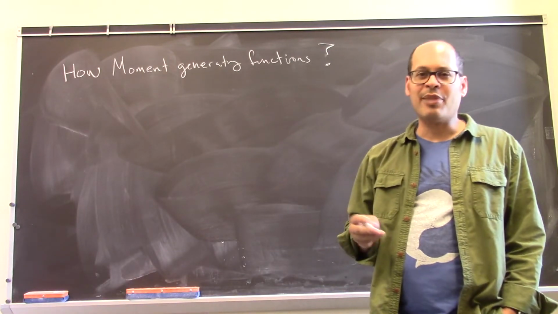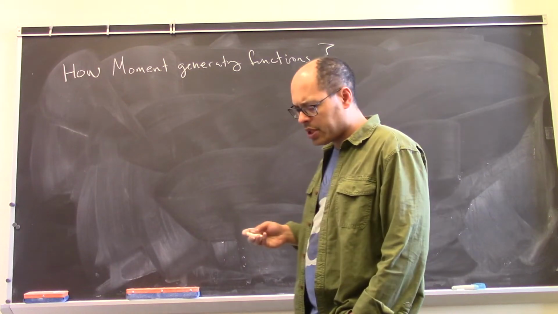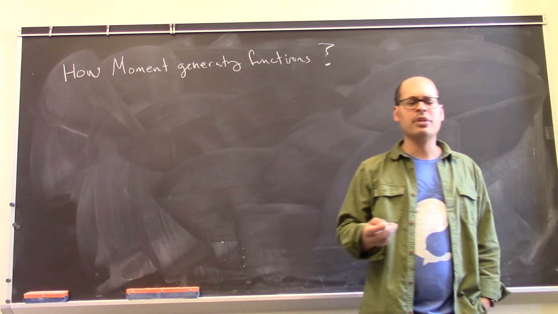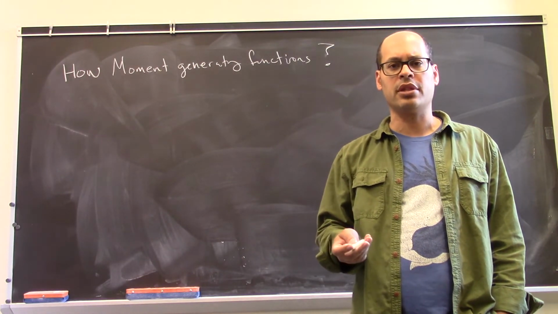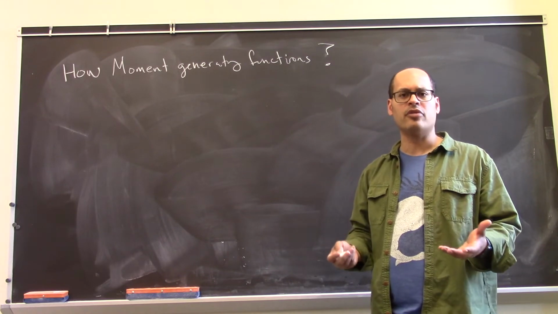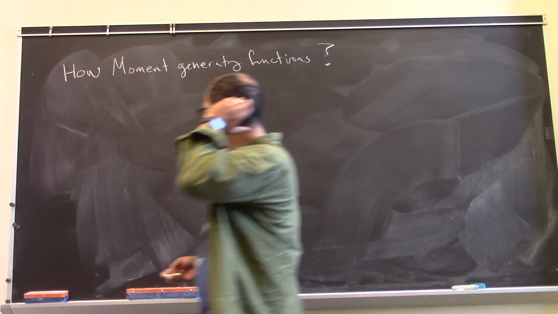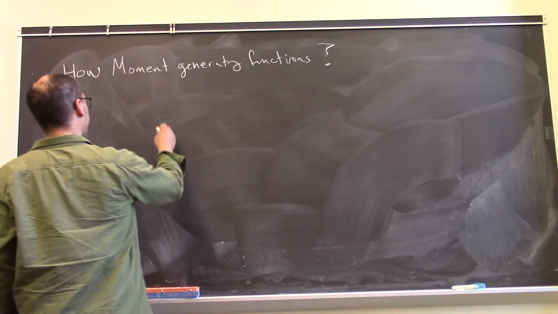Alright, so if you'll allow me a little grammatical liberty there, I want to say just a few words about how these moment generating functions are able to contain the same information as the original function. I'm just going to give a few words about this as a kind of motivation. So let's consider the continuous case, for example.